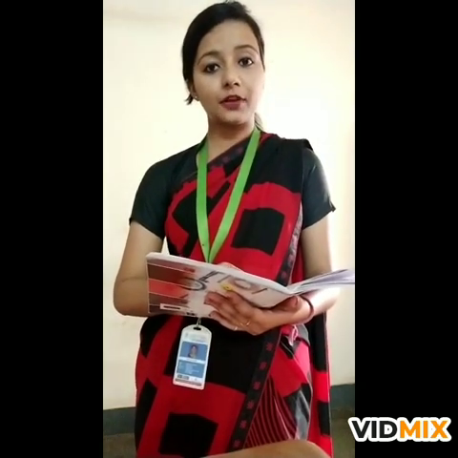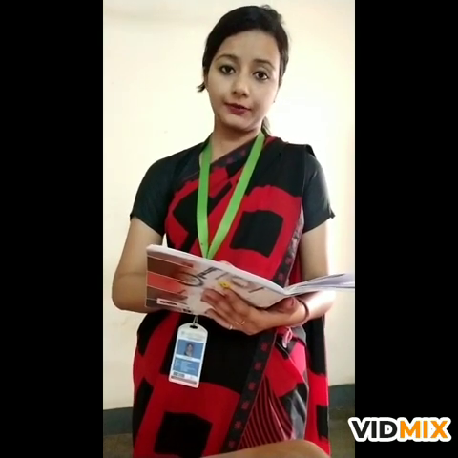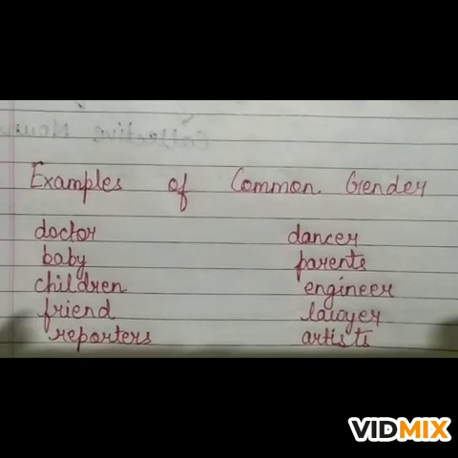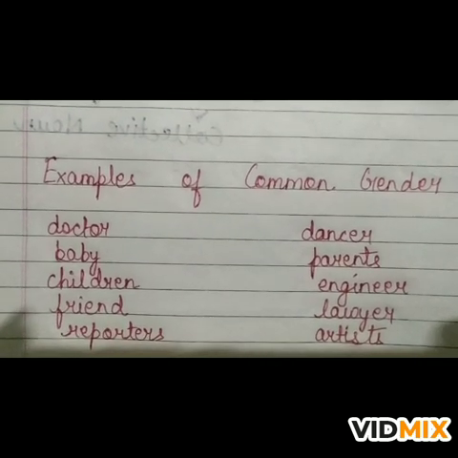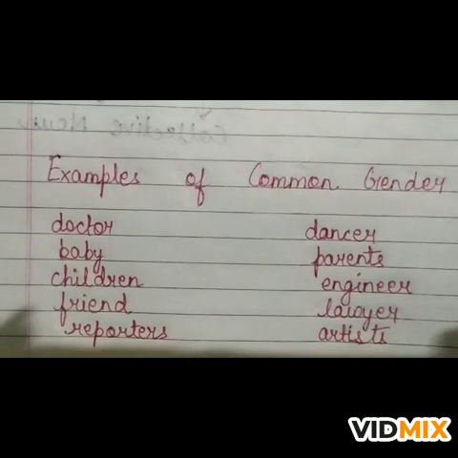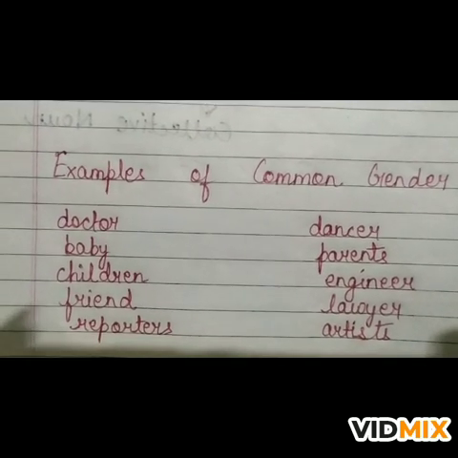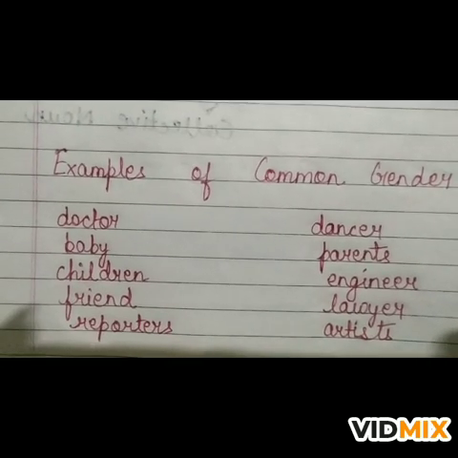So, these types of gender come under the category of common gender. Here are some examples of the common gender: doctor, baby, children, friend, reporters, dancer, parents, engineer, lawyer, artist.